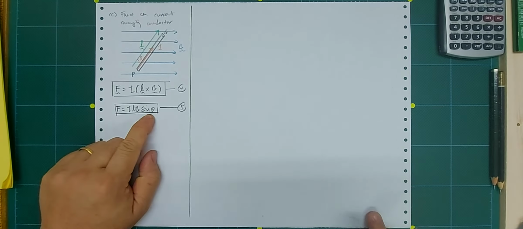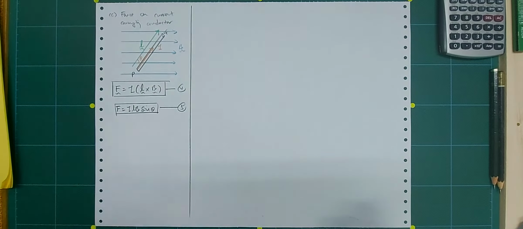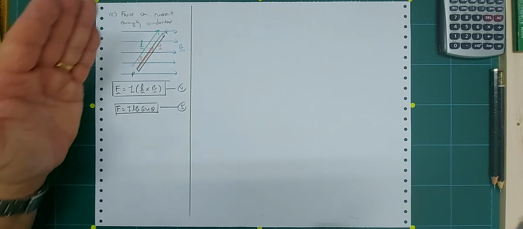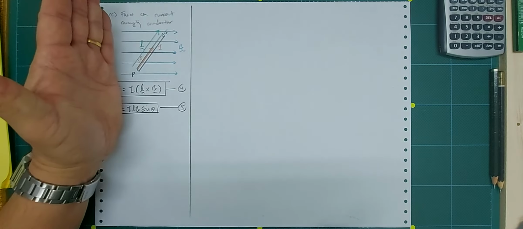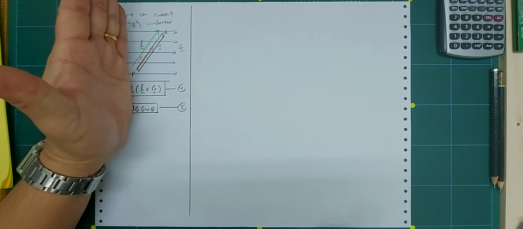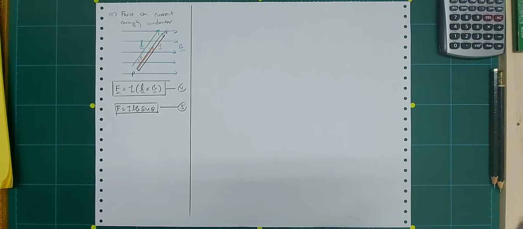Now, sine theta, the theta is the angle between them. Now, how to get the F maximum? If you want to get your F maximum, you have to make sure that your theta is 90 degrees, right? So when your rod or the conductor is perpendicular to the magnetic field B, that is your largest force. The force experienced by the conductor is the maximum.